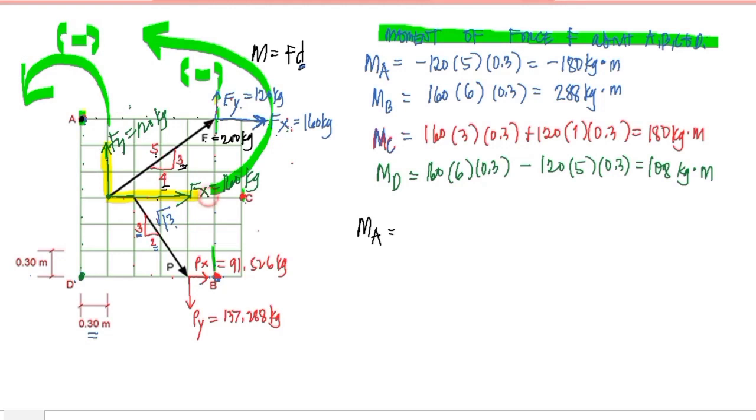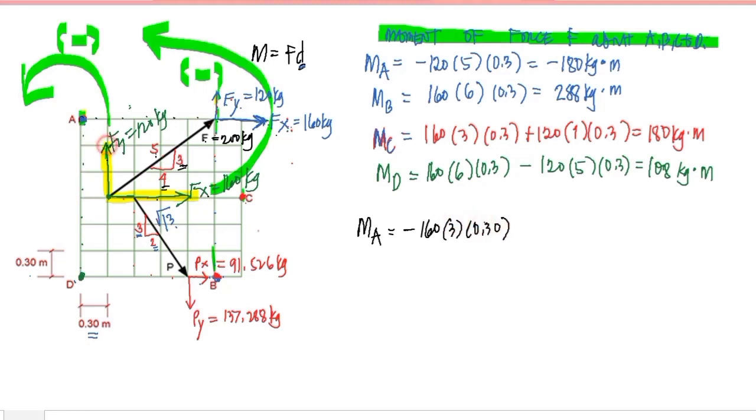So Fx will rotate counterclockwise, so that's negative 160. And since this is the line of action, this is the perpendicular distance of Fx to point A, and that's 1, 2, 3. So we have 3 blocks which measure 0.3 meters.